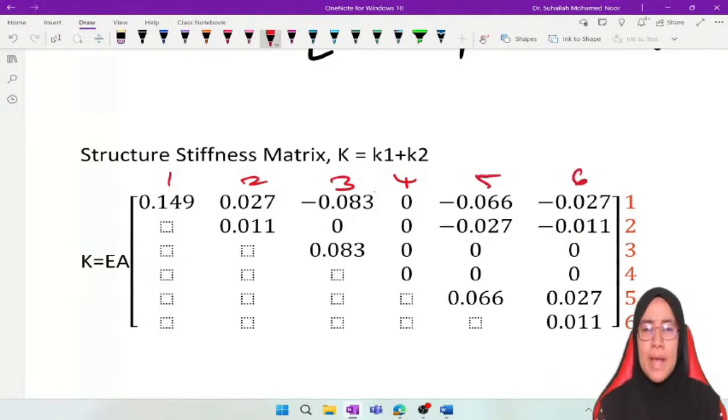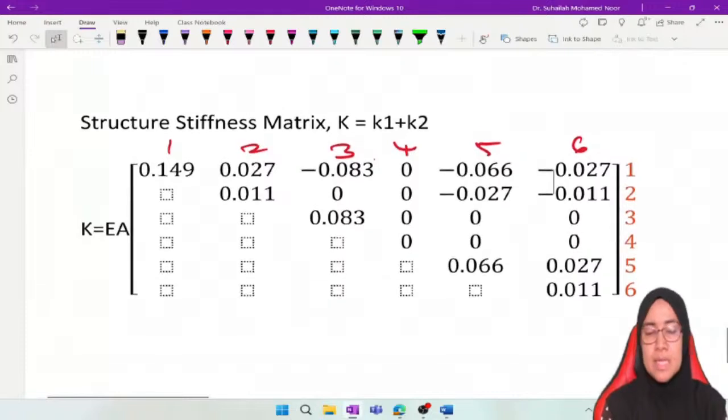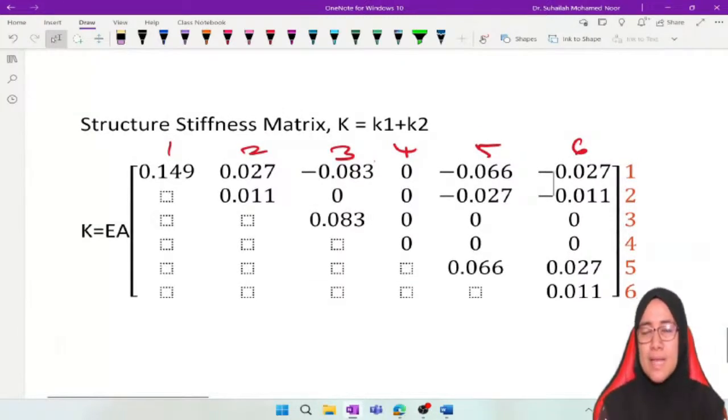When you are asked to establish the structure stiffness matrix, that is why we have to subdivide the structure into elements, because we can only calculate element stiffness matrices from the formula.